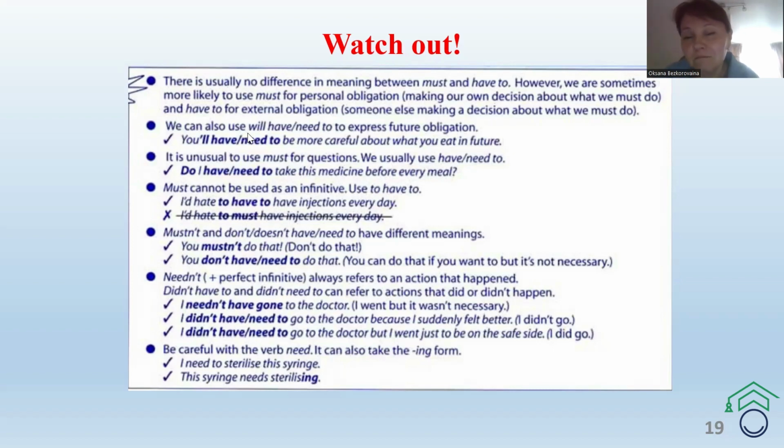These are obligations that I made for myself. And we use have to for external obligation. External situations, when someone else makes us do something, or when some circumstances make us do something.